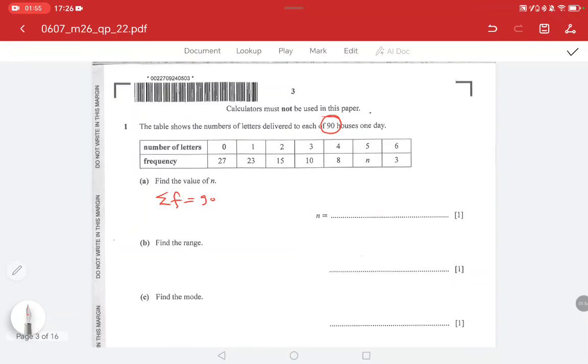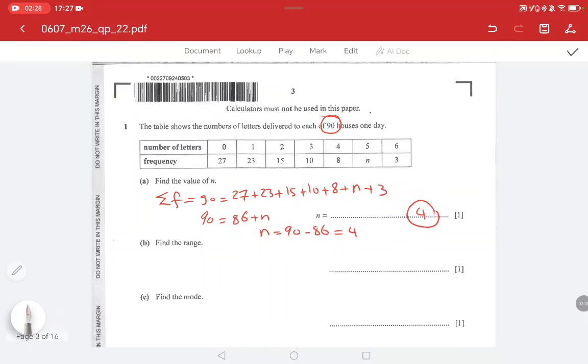So 90 equals 27 plus 23 plus 15 plus 10 plus 8 plus n plus 3. If you add all of them, 90 equals 86 plus n. So n equals 90 minus 86, which is 4.